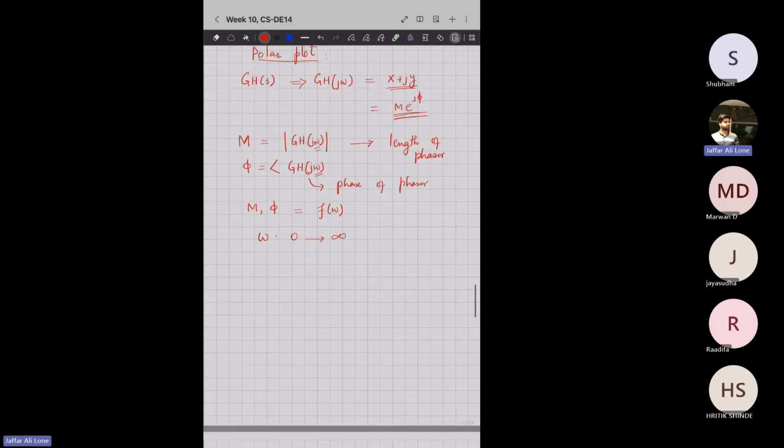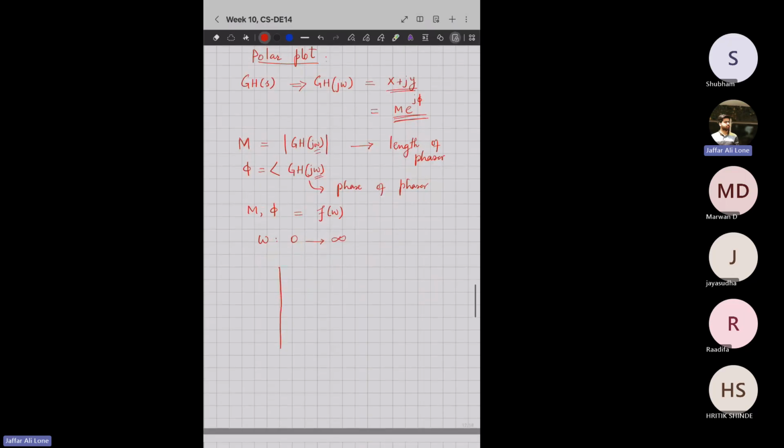Now, let's consider a scenario. What I told you as of now is that in polar plot, we plot the magnitude as well as the phase of G(j omega)H(j omega), which is the transfer function. So this is my real part of GH, and this is my imaginary part of GH in general.